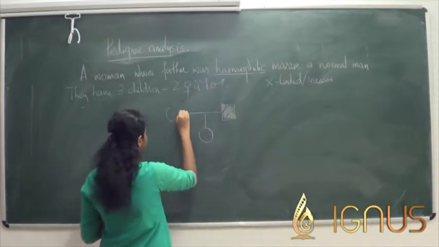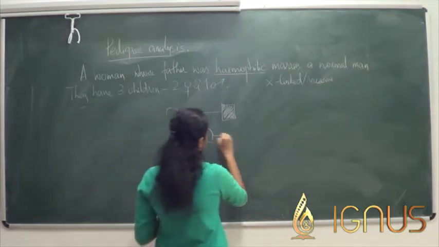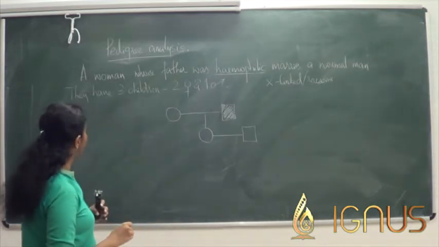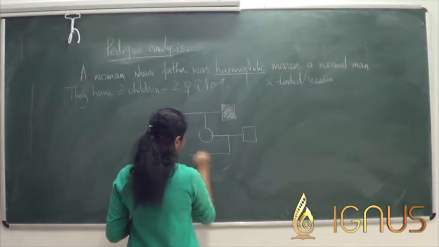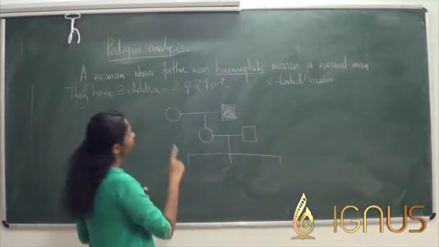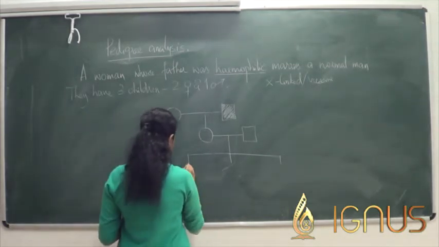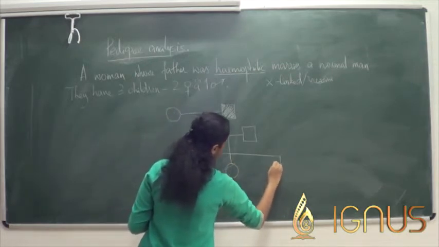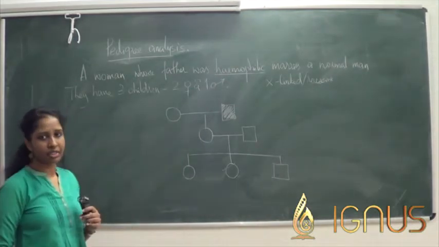We don't know anything about the mother because that is not said, and this female is going to marry a normal man who is not affected, and they have 3 children. So 3 children, 2 of them are female and 1 is a male. So 2 females and 1 male, and it doesn't say whether or not the offsprings are affected.